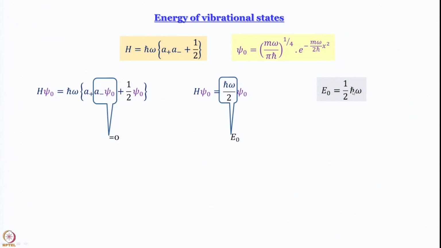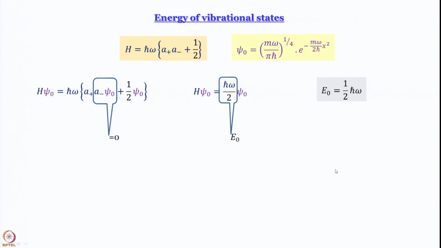This psi 0 will be the only state that will be occupied in that case. In fact, for most of the molecular harmonic oscillators, this is the only state that is occupied at room temperature anyway. To know further, please look up our NPTEL course on molecular spectroscopy.